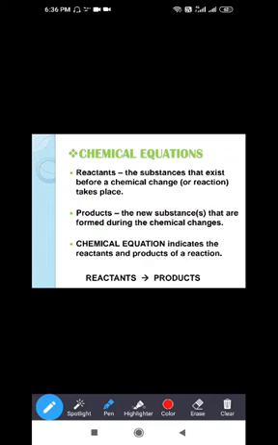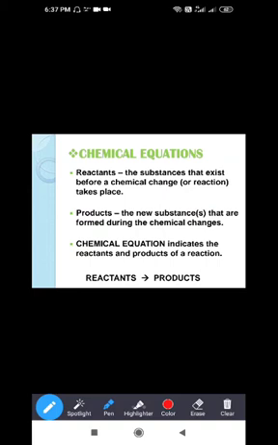Right. So what do we mean by reactants? Reactants means the elements or components which are taking part in the chemical reaction, which exactly make the chemical reaction possible. The substances that exist before the chemical change or reaction takes place are known as reactants. Now what do we mean by products?